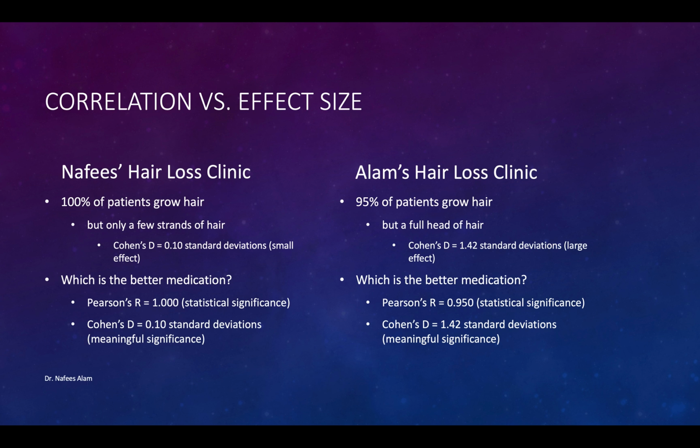So even though there's greater statistical significance with Nafees' hair loss clinic, there's greater meaningful significance with Alam's hair loss clinic. So despite the fact that you're opting for a lower success rate, that actually does make sense because the success is more profound.